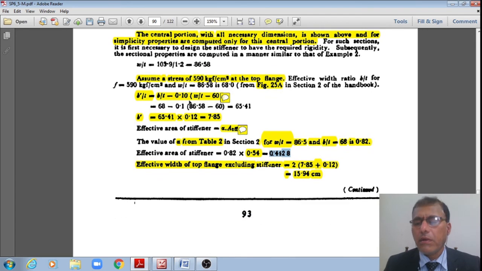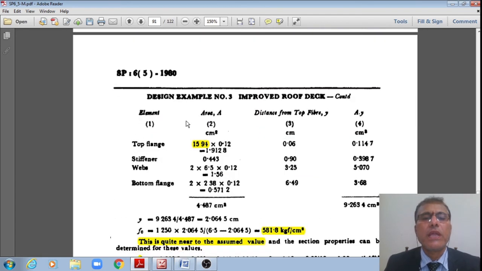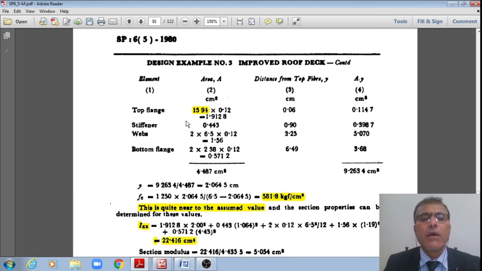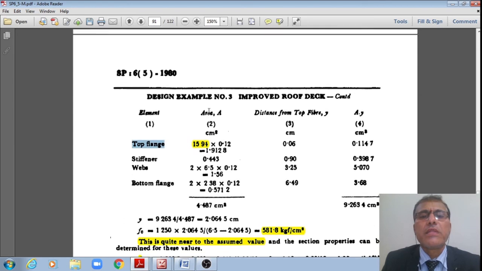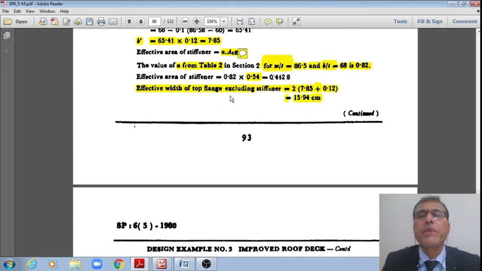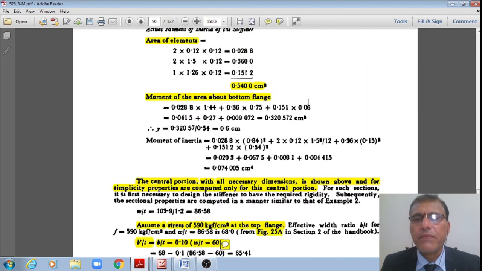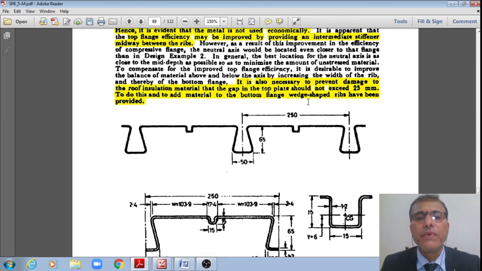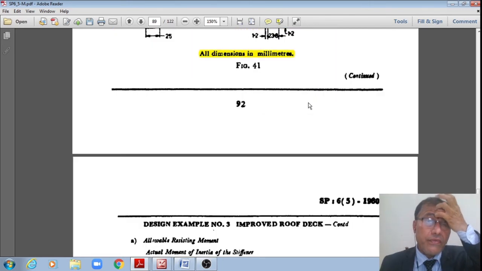Then once I do that, now I'll calculate the CG of this compression flange, that of the top flange. This 15.94 we just obtained is the effective width of the top flange excluding the stiffeners. Instead of 250, I have only 15.94.